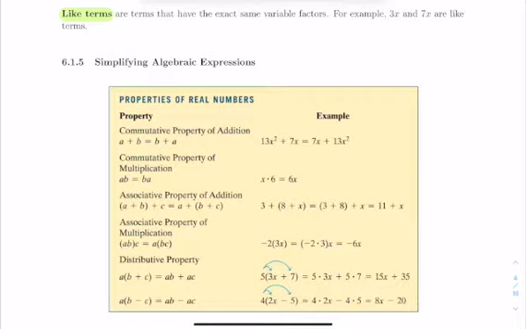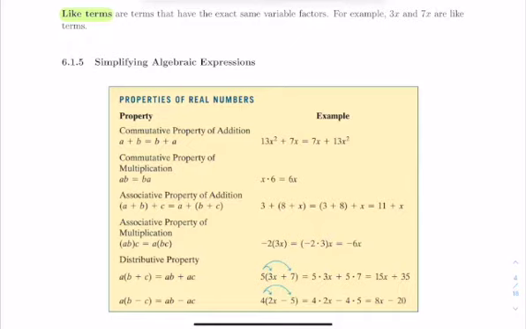So a times b is the same as b times a. The associative property of addition just says that I can move the grouping around and still get the same answer. And the same idea goes for the associative property of multiplication. The distributive property just means that I distribute the term to each piece inside of the parentheses that follow.